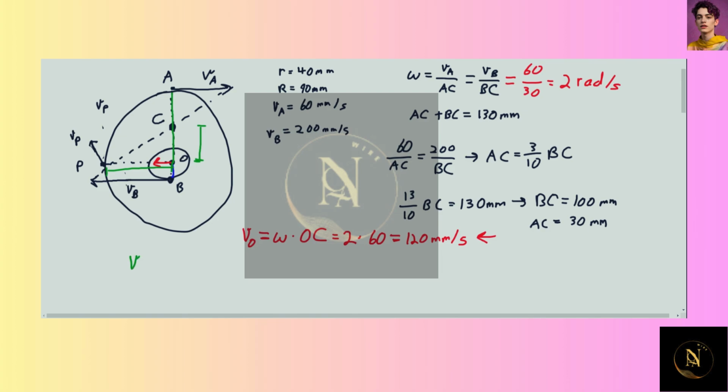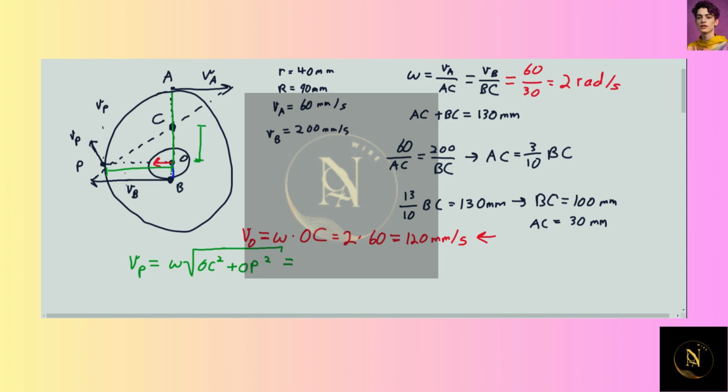So we have that the velocity of point P is omega, which will be the same as it was before, times the square root of OC squared plus OP squared.